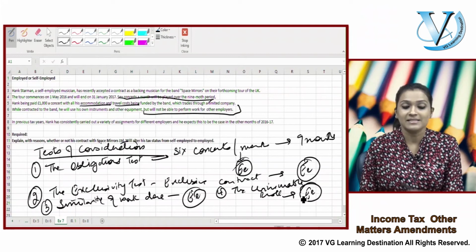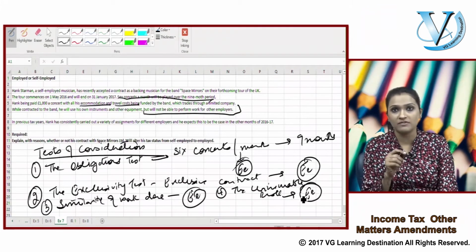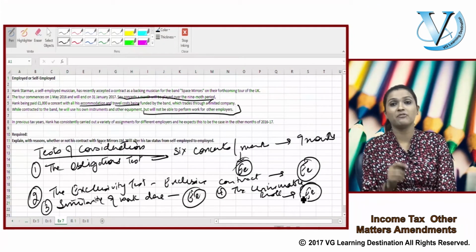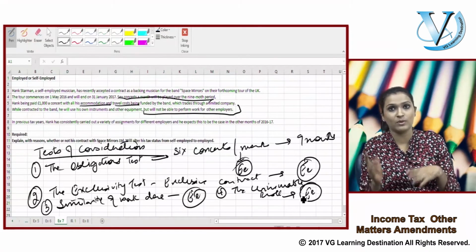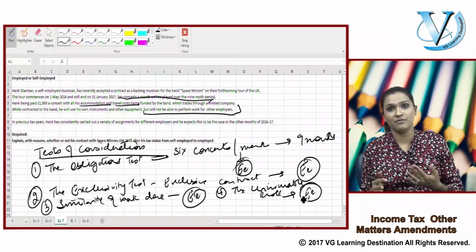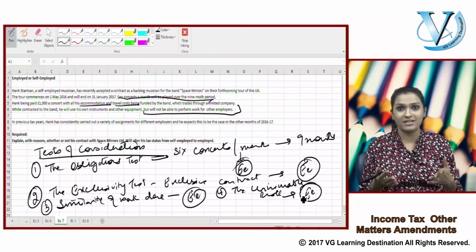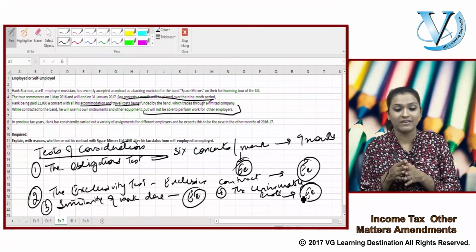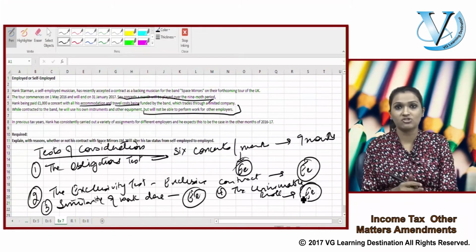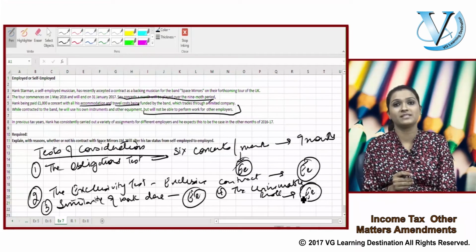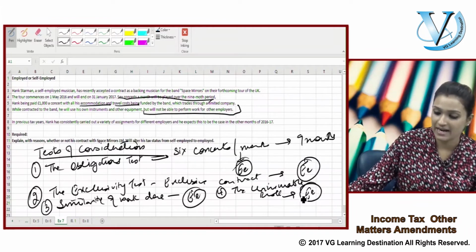So very well, this is how you're supposed to solve the question in the exam if you're given a question to bifurcate between employment and self-employment. You need to tell the badges of employment and conclude by giving the tests of consideration. So perform these 4 tests of consideration and conclude by saying what is your tax status.